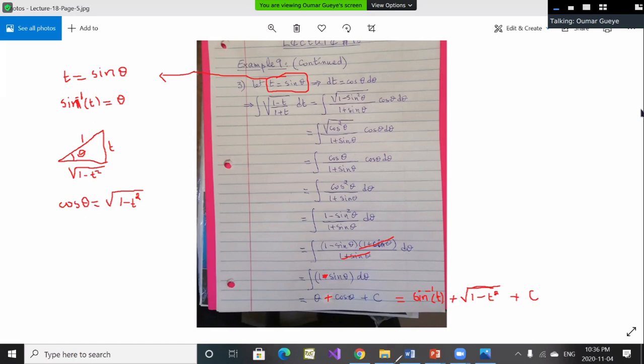Are we done? And don't forget the back substitution. Any question?